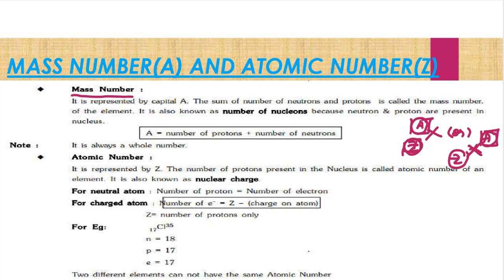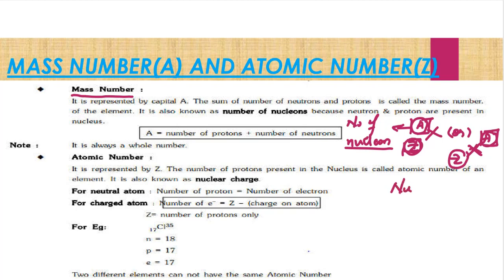So now coming to the point, what is mass number? We are saying that this A is the mass number. But what is that? Mass number is nothing but the sum of the number of nucleons. So what are nucleons? Nucleons are the particles which are present inside the nucleus.